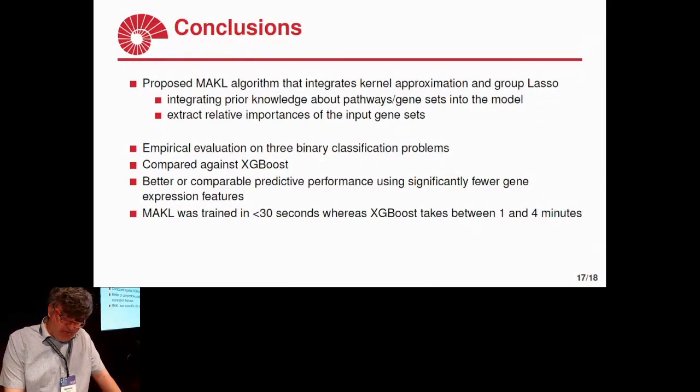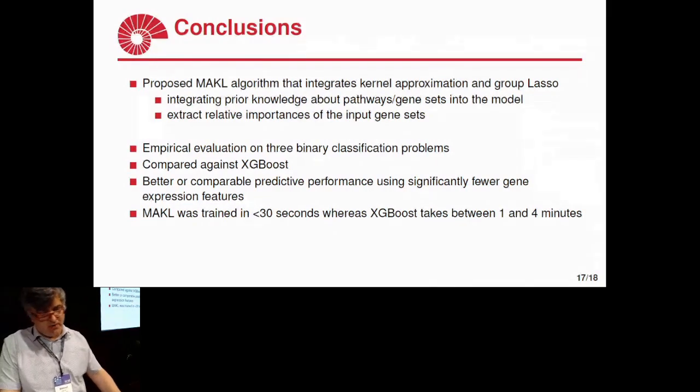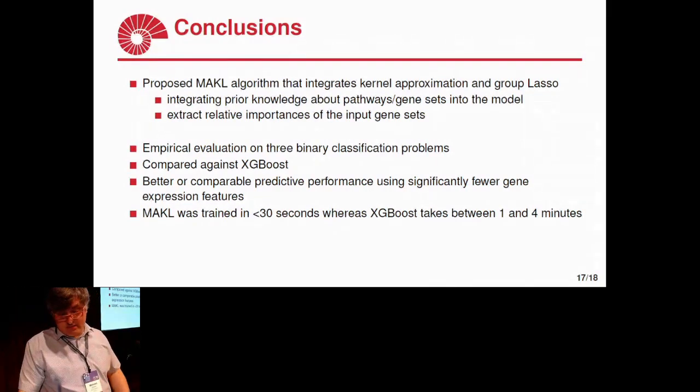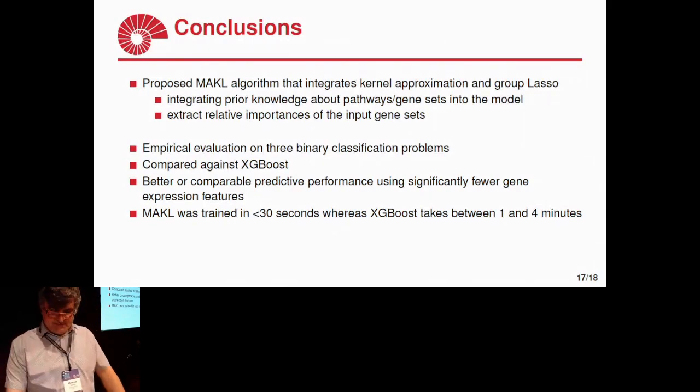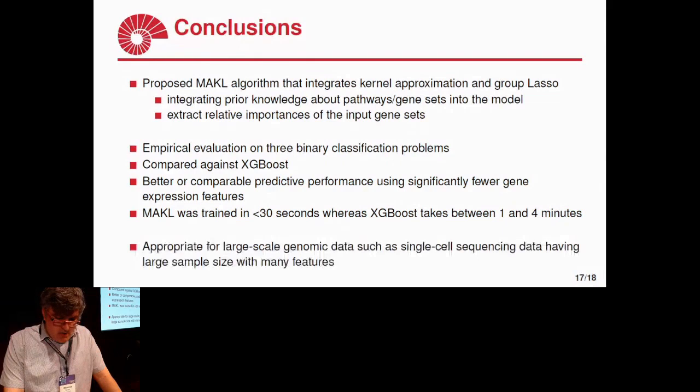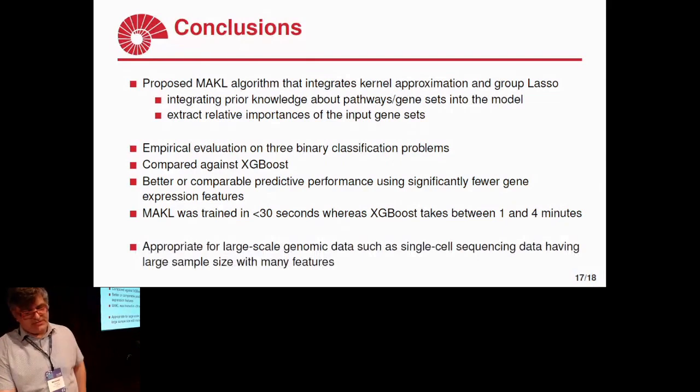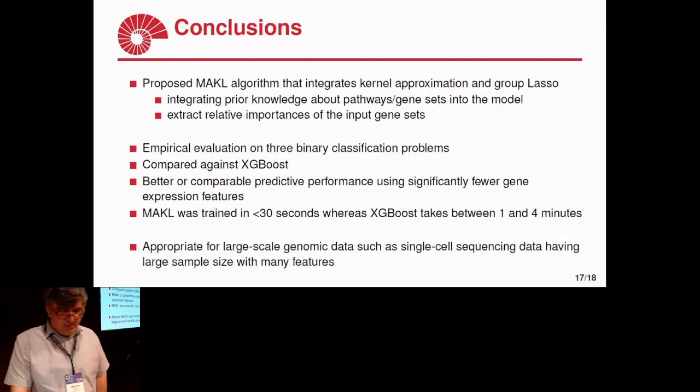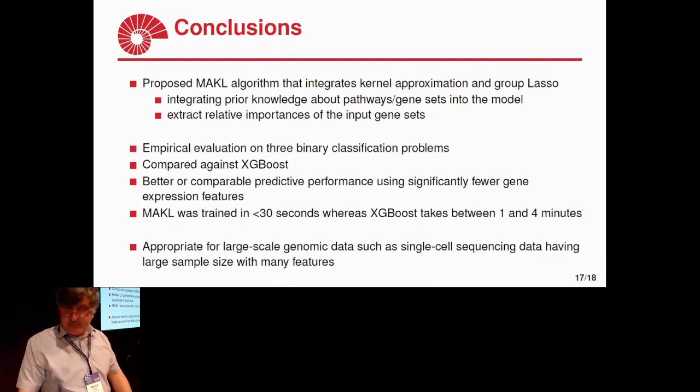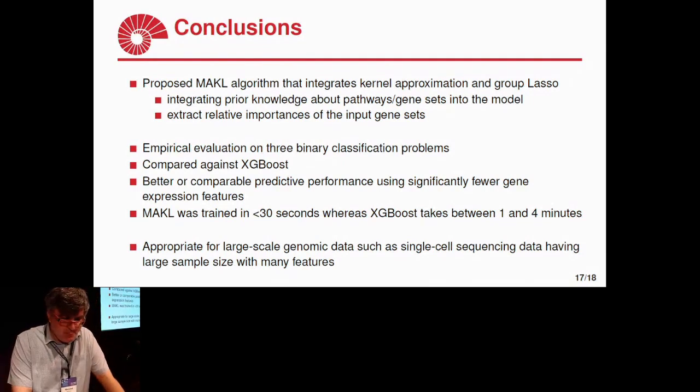It's not included in the paper, but we are also able to scale up to 100,000 data points in the order of minutes. So the take-home message is this algorithm is quite appropriate for large-scale genomic data, such as single-cell sequencing with large sample sizes and many, many features.